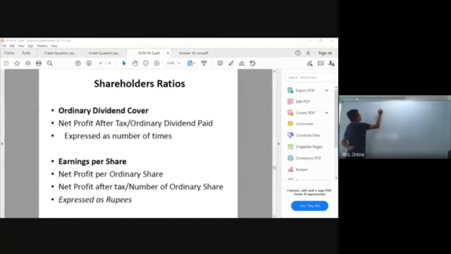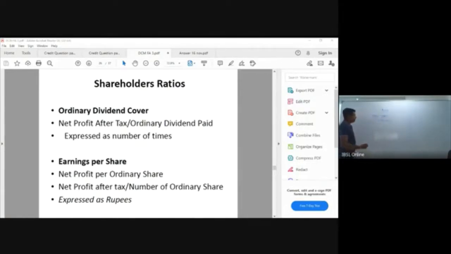Normally in the income statement or balance sheet, we give figures in rupees 1000, right? EPS is, you have to take the net profit after tax divided by the number of ordinary shares.